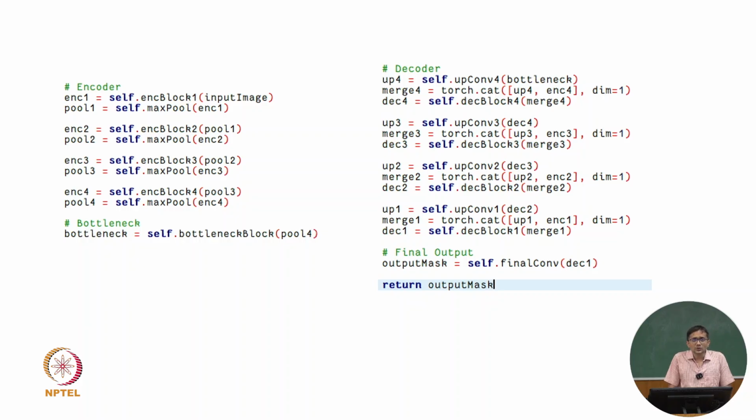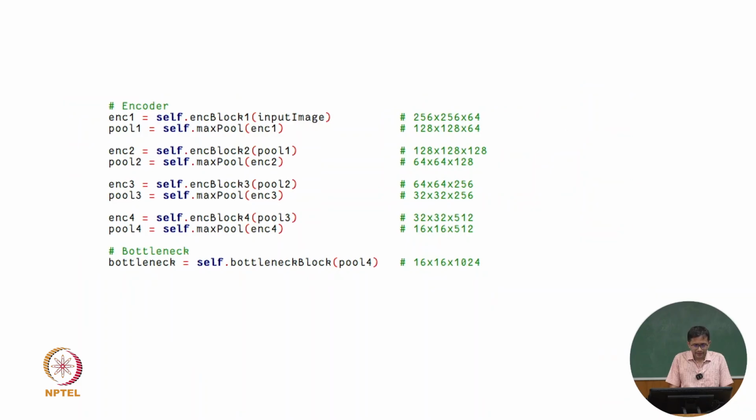We can also think a bit about the spatial dimension. If we started with, let's say, a 256 by 256 image, how will the spatial dimension evolve going through the encoder? 256 by 256 with 64 channels, and then the downsampling is happening with the pooling layer, and slowly the similar phenomenon keeps on happening through the encoder.